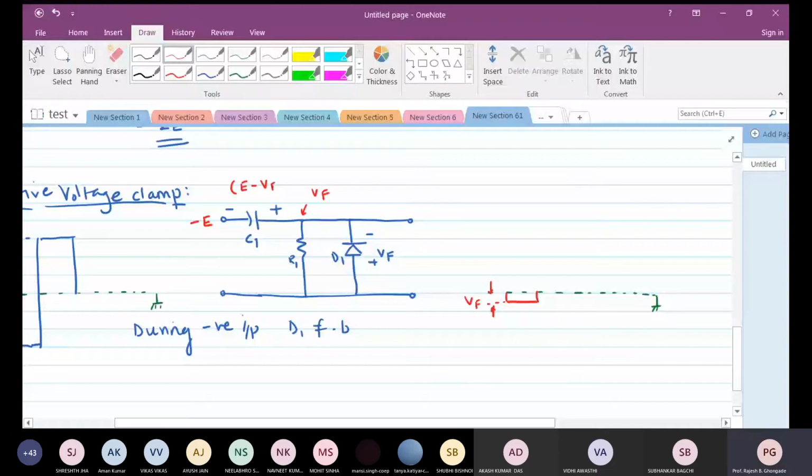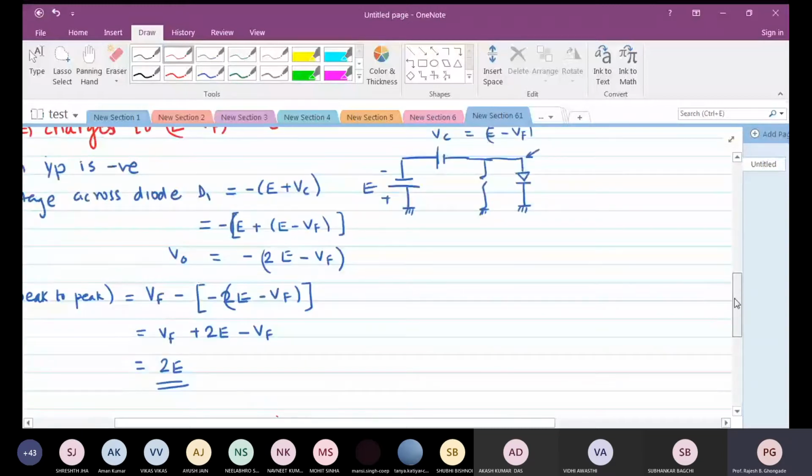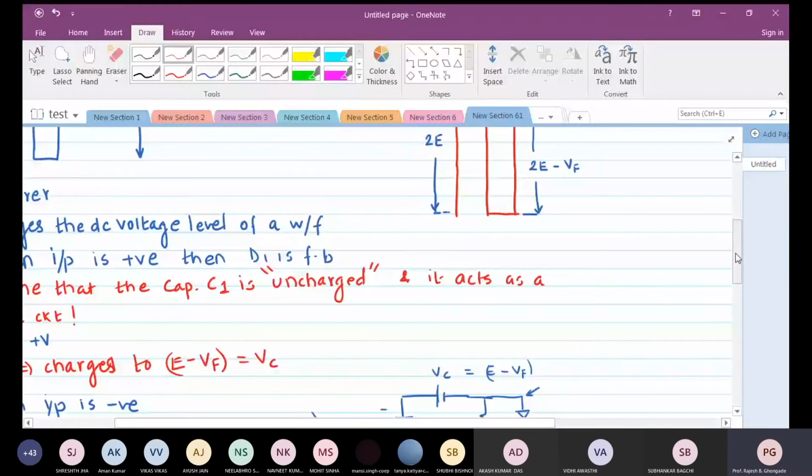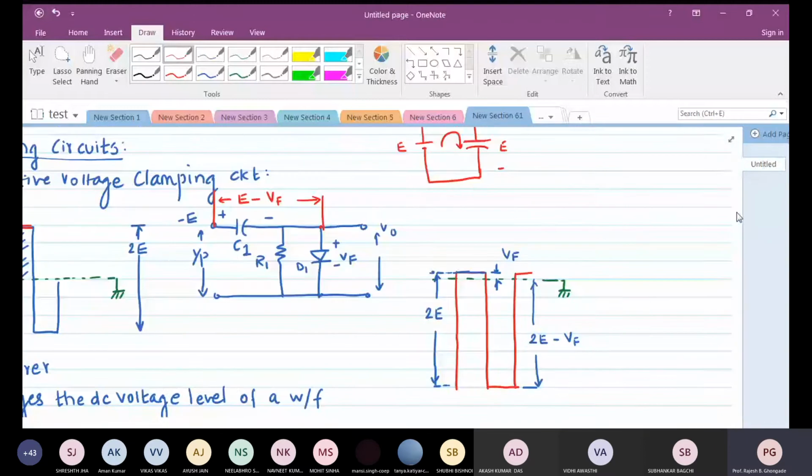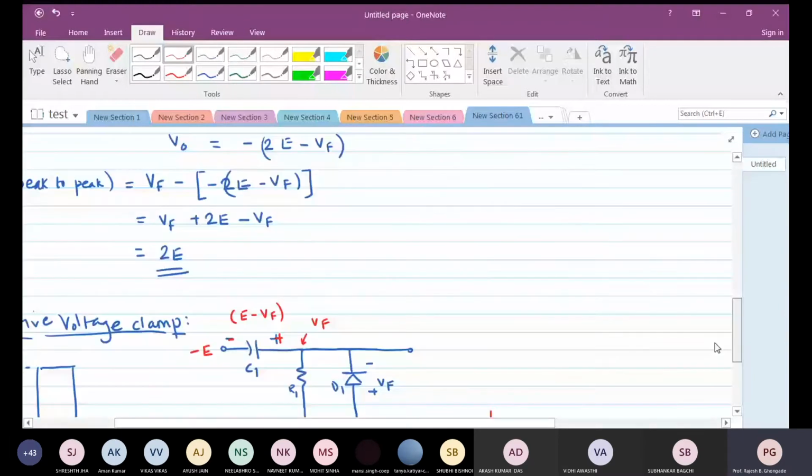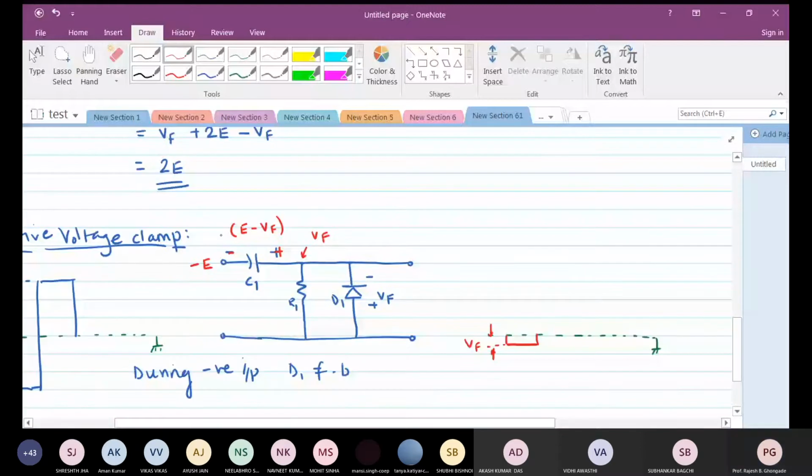Look at why it should have been minus, no? But look at the polarity here. The polarity is different, and that is the reason why that minus sign went away. Here I have changed the polarity, so otherwise this would have been minus.